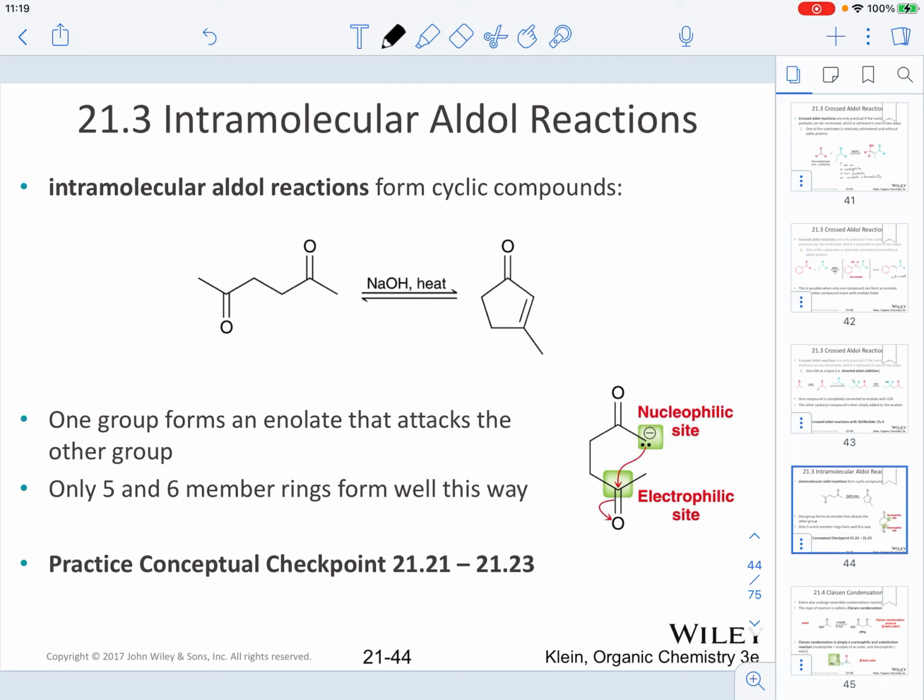Only 5 and 6 member rings are going to form well this way. And the reason is, remember that each one of these carbon atoms that is here is going to have a particular angle. And as we have 5 and 6 member rings, the ring strain is going to be reduced in these systems. That's why 5 member rings and 6 member rings are preferred.